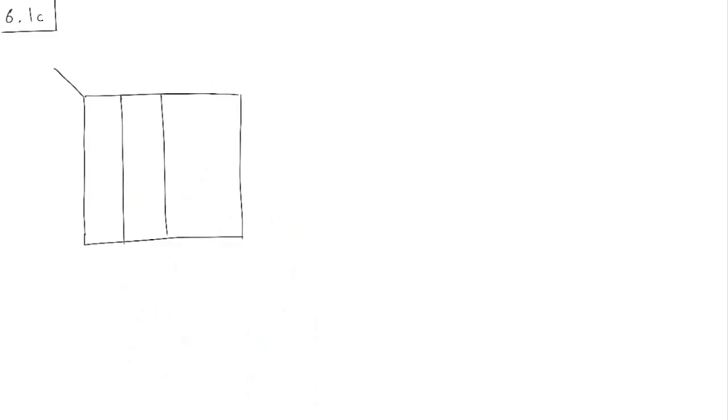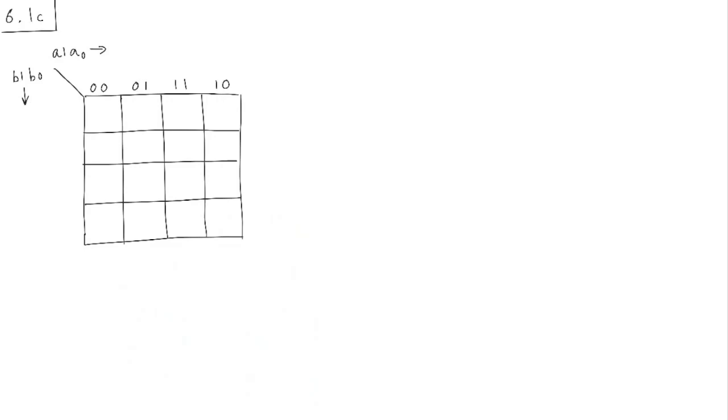This is a 4-input K-map, so you have 4 columns and 4 rows, and you can put A1, A0 on the horizontal axis, and B1, B0 on the vertical axis. And you can write the numbers 0, 0, 0, 1. Remember, you get 1, 1 first and then 1, 0. Similarly, 0, 0, 0, 1, 1, 1, and then 1, 0.